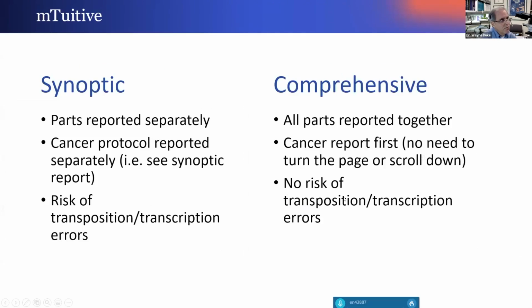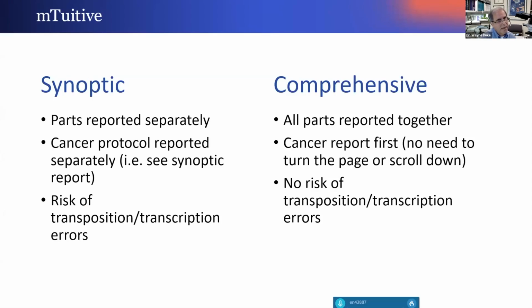Here's how I see the difference. In the typical synoptic report, which is what most institutions are doing, all of the parts are reported separately. In the reports that we were able to create working with mTuitive, all of the parts are reported together. In a synoptic report, the cancer is reported on page 2 or page 3 under a section called synoptic.